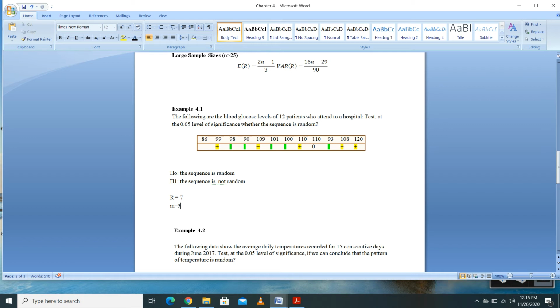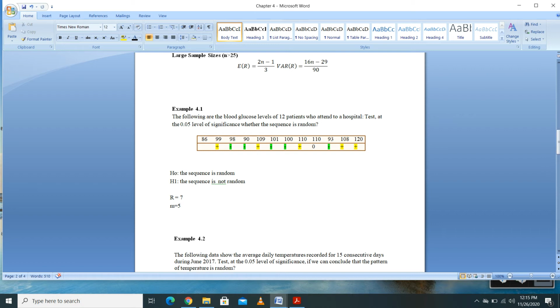And then I can count the number of negative signs in the data set. In this case, I'll take negative signs as N. So you have 1, 2, 3, 4, 5. So you have 5 positives and 5 negatives.